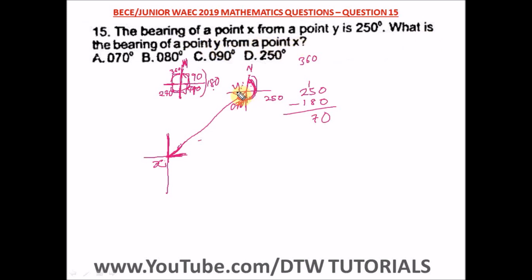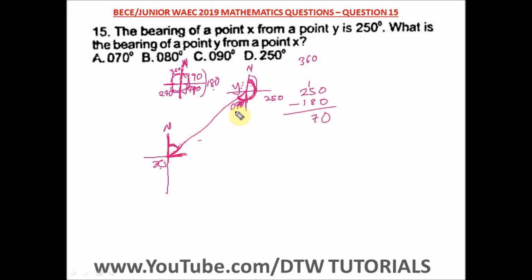So now the bearing of Y from X is this angle here, where this is our north. As I said, for the 3-digit bearing, we start our count from the true north, clockwise. So the bearing of Y from X is this particular angle.